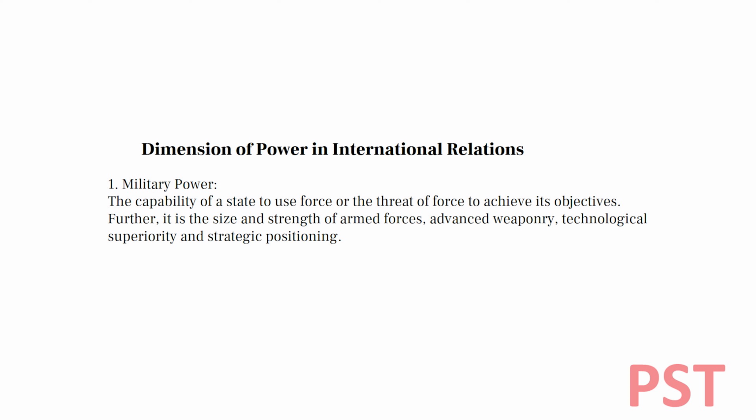And we have many such examples. Great powers of the world have big military powers, not just in the sense of their size, but also in the sense of how advanced they are, how advanced the technology they have been using, and how they are strategically positioning their forces and maneuvering them in the time of conflict. So military power is the most important dimension in realistic international relations.